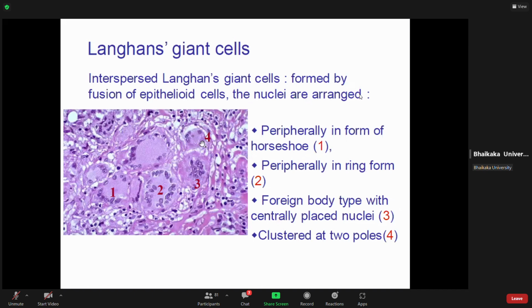So the opposite poles have the presence of the nuclei. So in Langerhans giant cell, there are different arrangements of the nuclei: horseshoe-shaped, peripheral type, and last is clustering of nuclei at 2 poles.